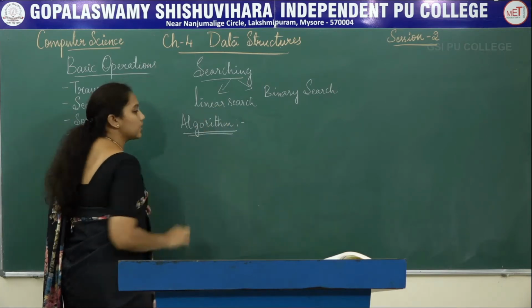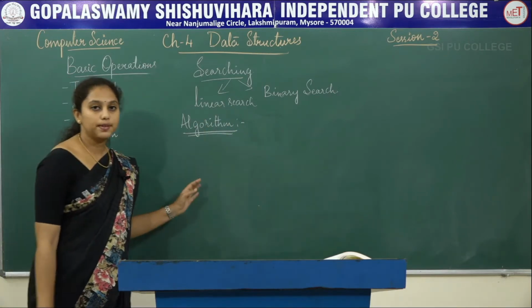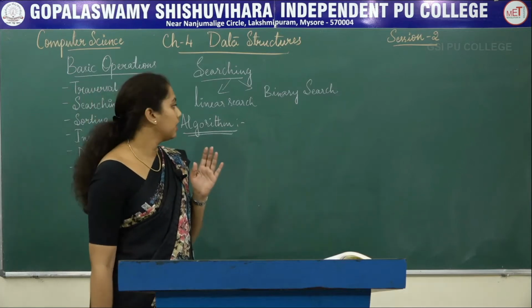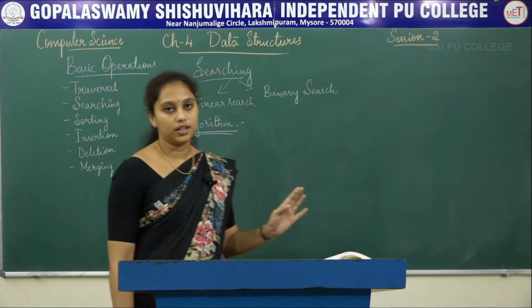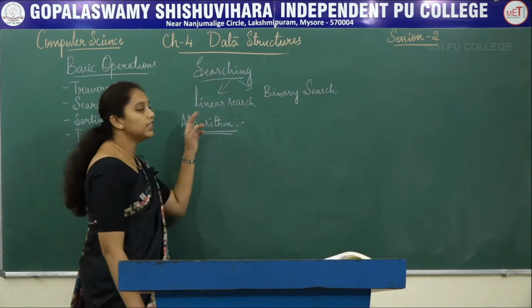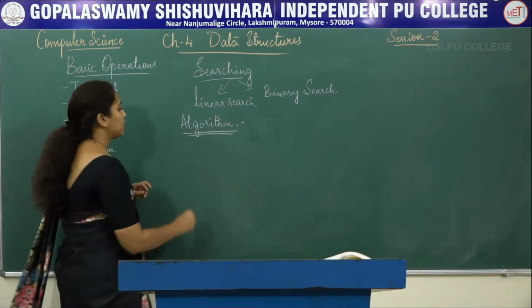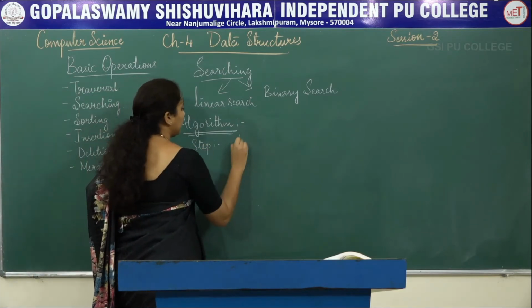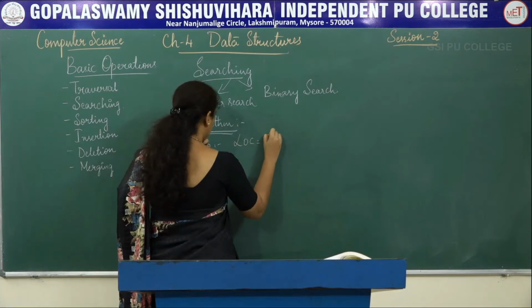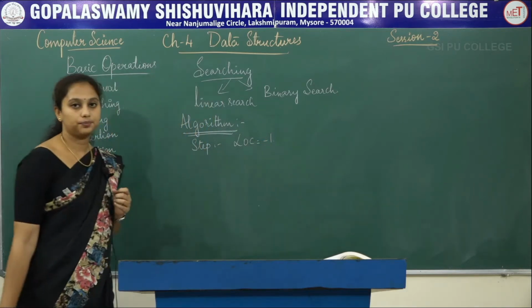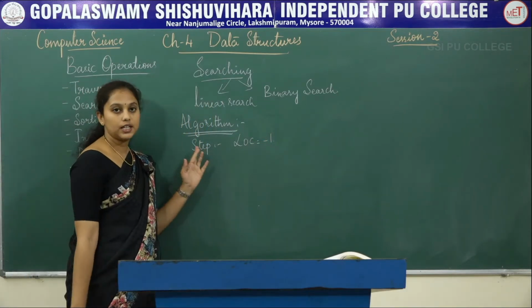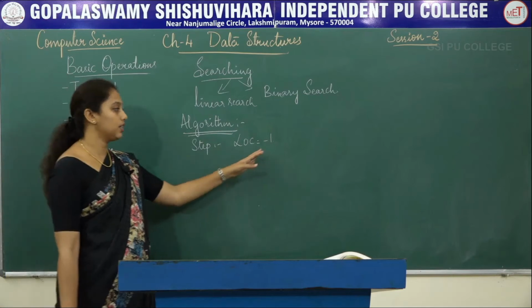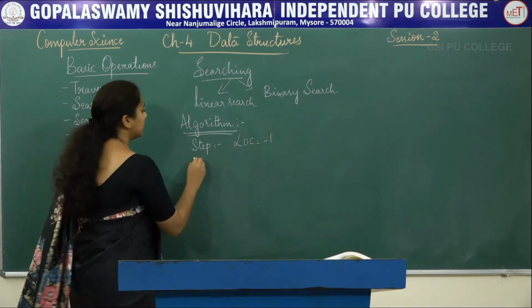Linear search is used when the elements of an array are not in any order. Then we are going to use this linear search. So, the first step is location is equal to -1. So, before starting to search the element, the location is -1.